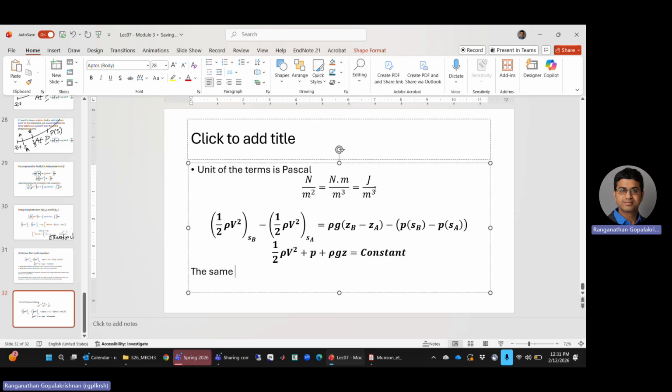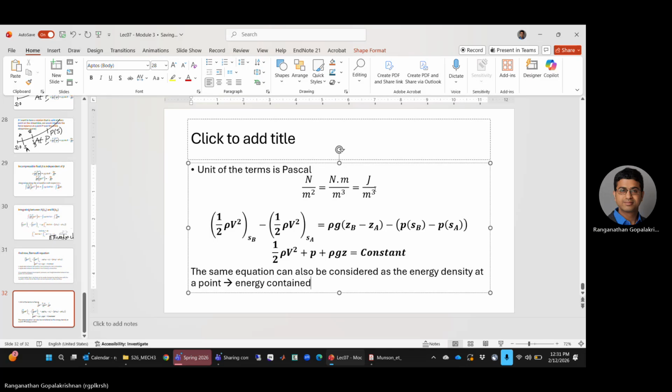It is the energy contained by the fluid per unit volume.